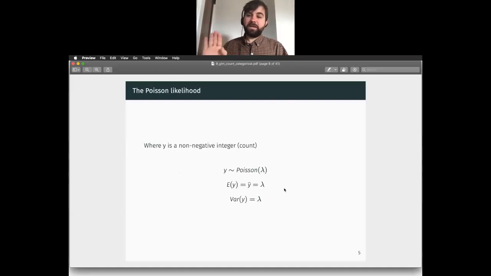So as the expected value increases, the variance also increases. And this is something we really commonly see with count variables: as the expected count increases, the spread around that count also increases. So if our expected value is 1, we might have a really low variance around it. But if our expected value is 1,000, we might have a really high variance around it.